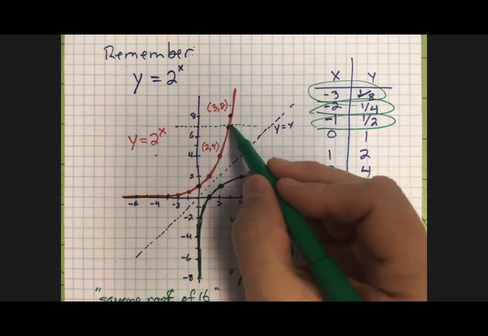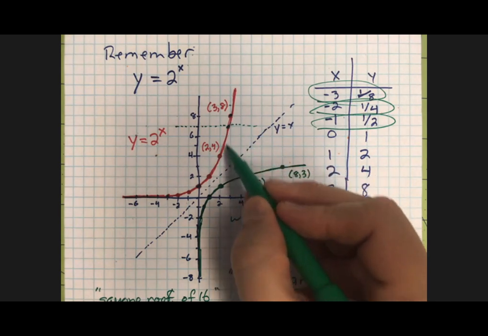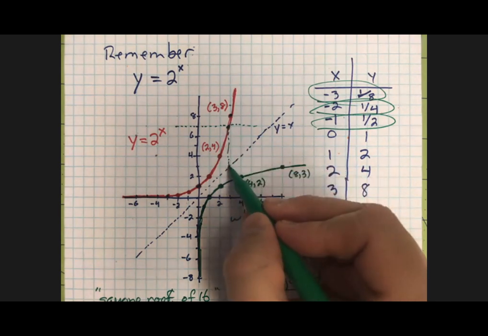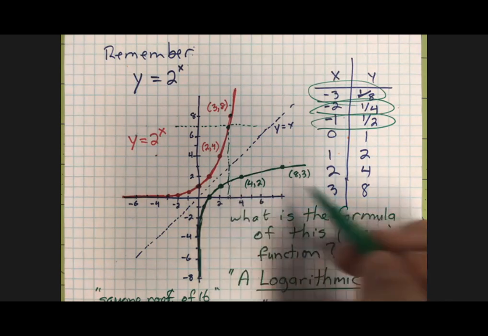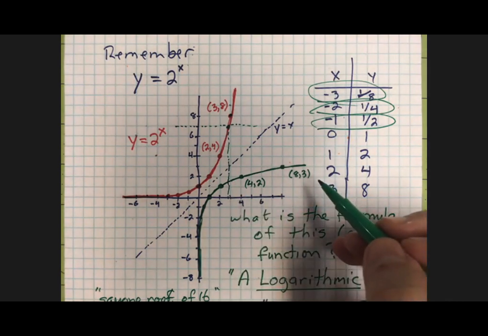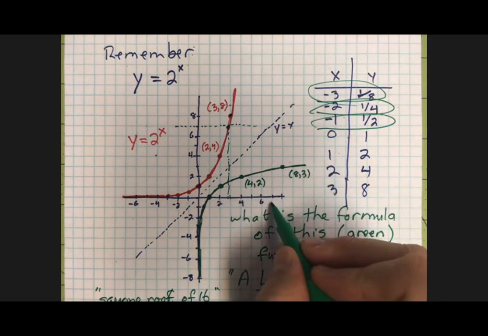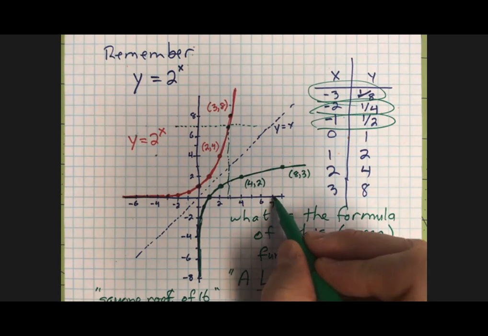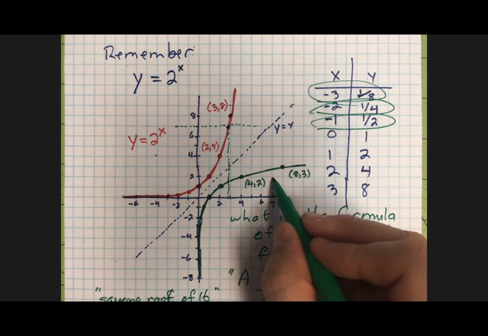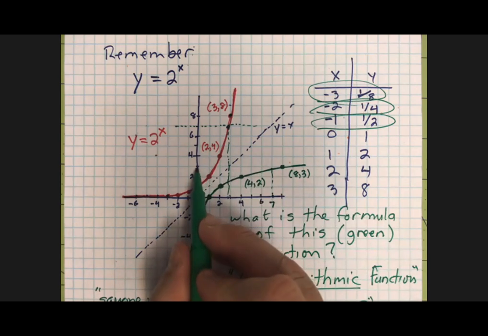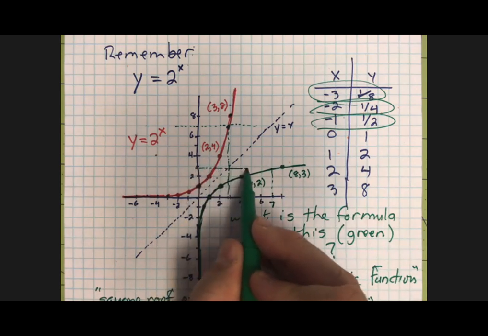Well, it's got to be really close to 3, because this is very, very close to the 3 that gave me the 8, right? So let's go look up 7 on this axis, because that's got to be the same number. Very close to 3.